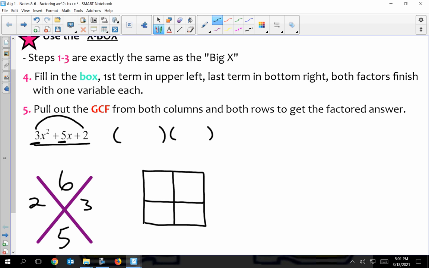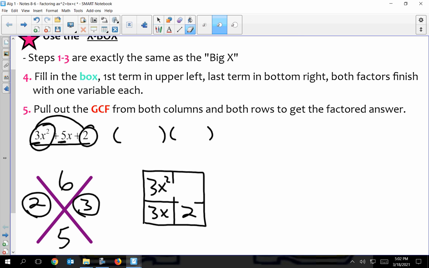So I'm going to go back and take my first term and put it in the box. Remember, we used to have stuff outside the box. I'm going to take my last term and put it down here. They need to go diagonally. Then I'm going to take this term and put it in the box with the variable that's in the problem. Oops, should be a 2.